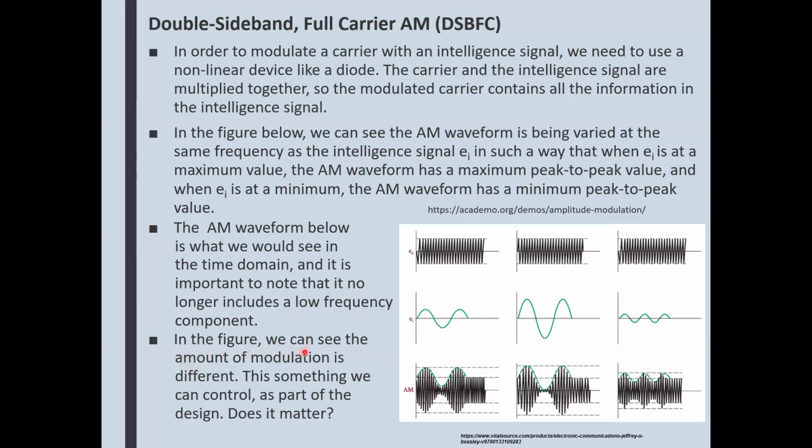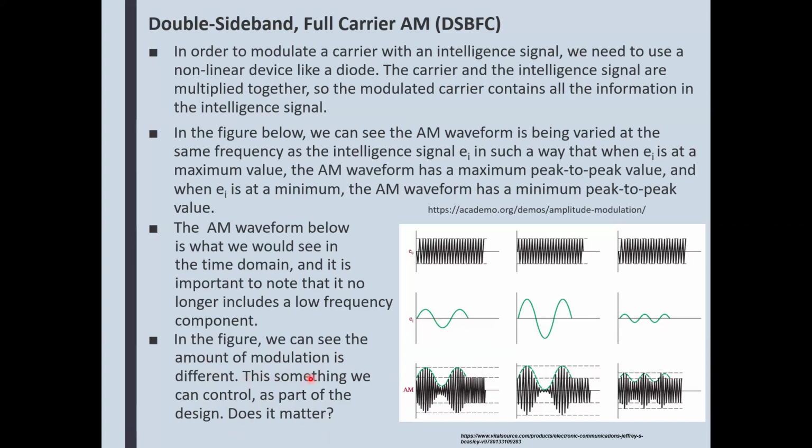In the figure, we can see that the amount of modulation is different. This is something we can control as part of the design. Does it matter? Okay, let's read that again. Here we can see the amount of modulation is different. Stronger signal, more modulation; weaker signal, less modulation.